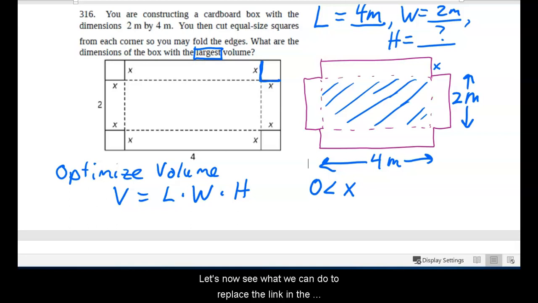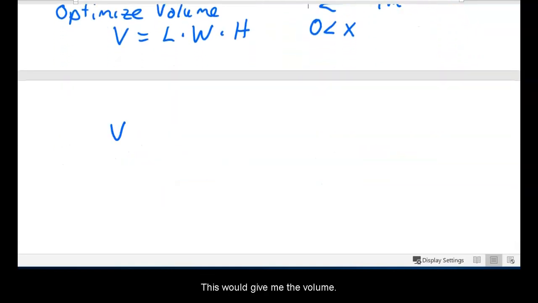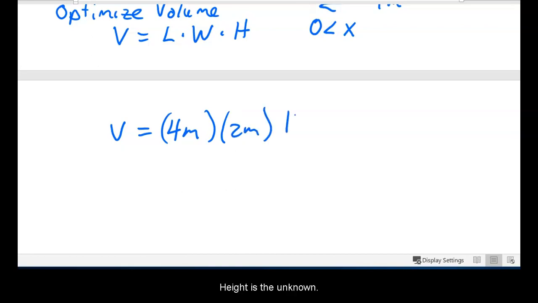Let's now see what we can do to replace the length and the width with the constants 4 meters and 2 meters to find the height. This would give me volume equals the length is 4 meters, the width is 2 meters, and the height is the unknown. If this is my equation for volume, then I can rewrite this as 8 square meters times the height.